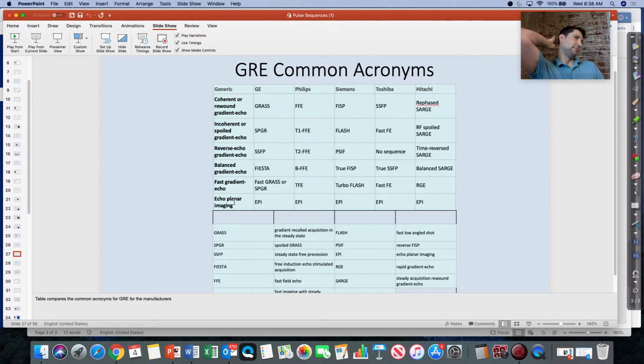Do you guys remember me talking about an EPI? Do you remember which pulse sequence within the brain was an EPI? A very fast pulse sequence to catch pathology. What was that very fast pulse sequence? In the brain, just list the pulse sequences of the brain. DWI. That's the one.